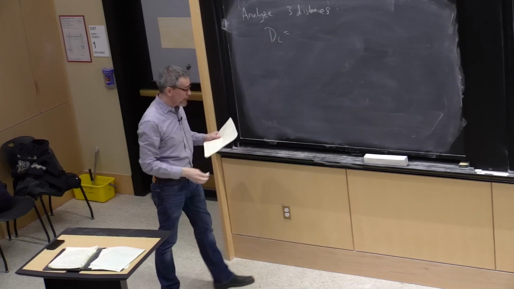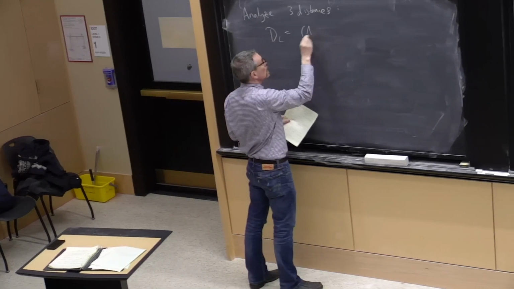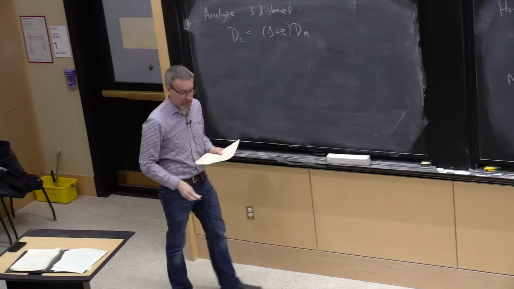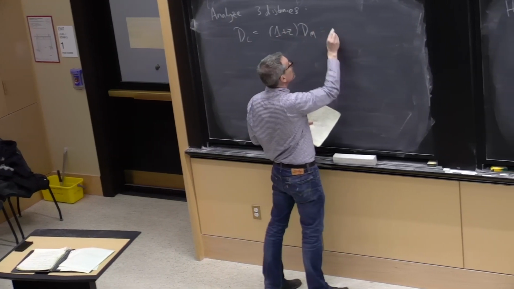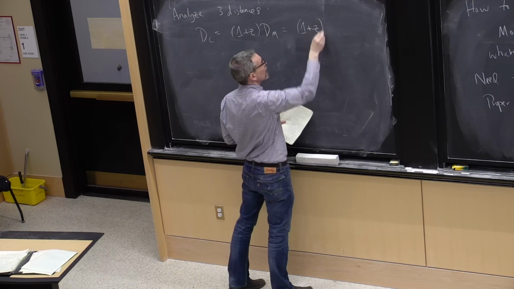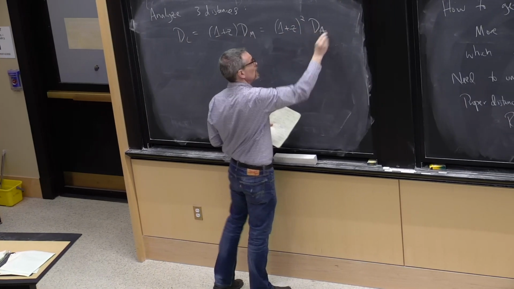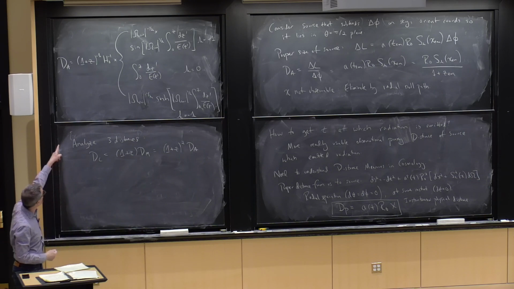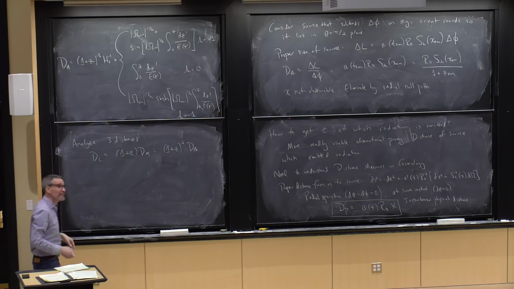You find that the luminosity distance is related to the proper motion distance by a factor of 1 plus z. And that's related to the angular diameter distance by a factor of 1 plus z squared. So when you read Carroll, you will find that that 1 plus z to the minus 1 power turns into a 1 plus z.